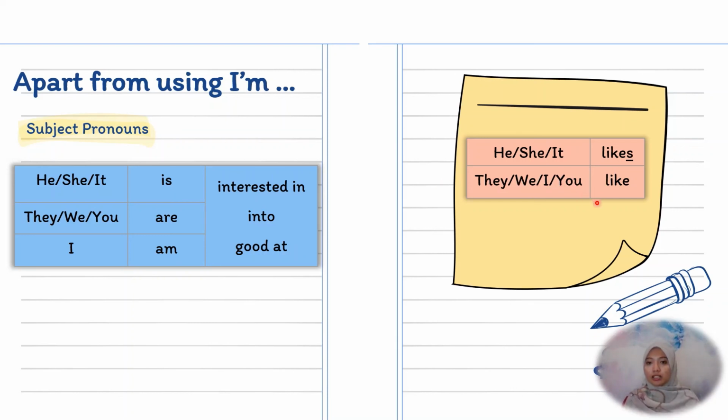So, selepas subject pronoun they, we, I dengan you, kita tak boleh tambah s. We should not put s at the end of the verb. Maksudnya, bila kita gunakan verb untuk plural, tak perlu tambah s. Okay, so likes and like is a verb.